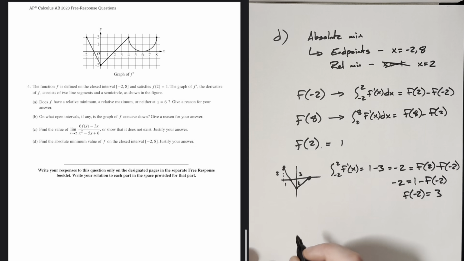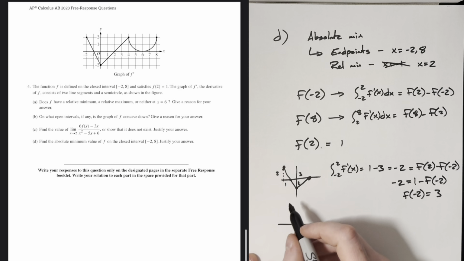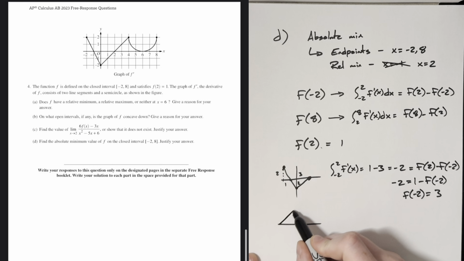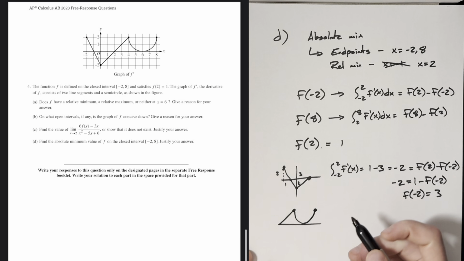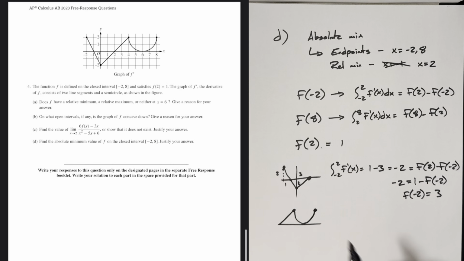So for f of 8, I'll try and draw out the picture once again of this function. It's a little bit more complicated for this one, but it's like a triangle up to here. And we have a semicircle to there. Do not make fun of my drawing skills. But I can split this up into these two separate intervals.